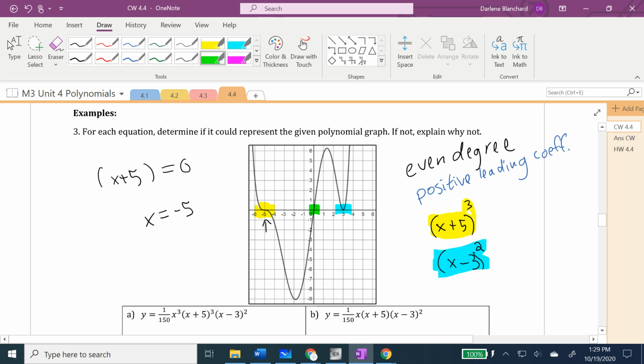Now, with that x-intercept, what has to be a factor of this polynomial so that it goes through the x-axis at x equals 0?